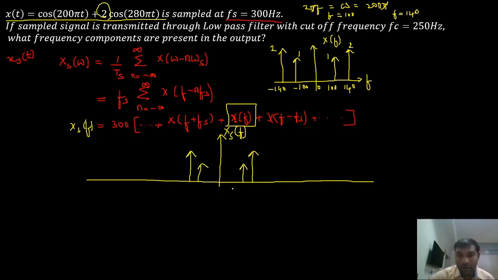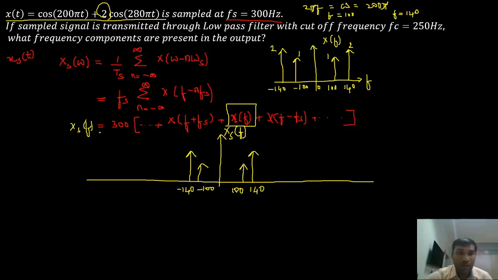Let me indicate the frequency values also: 100 and 140, and negative 100 and negative 140. And what will be the amplitudes here? Here it is 1 and 2.